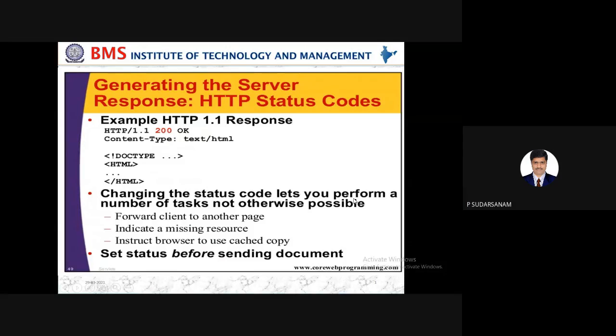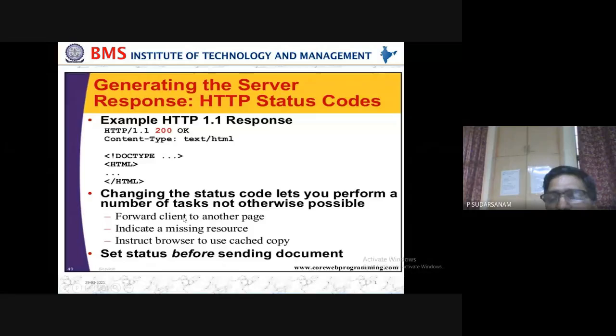Changing the status code lets you perform a number of tasks not otherwise possible. So a number of tasks we'll see here. You have forwarding the client to another page. So when you are clicking to some other page, what will happen? Indicating the missing resources. So you have the link, but it is mislinked or the resource itself is missing. For example, if you see the university results, it is not connected until the results come.